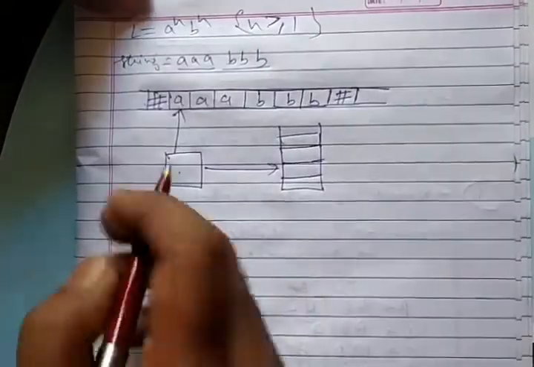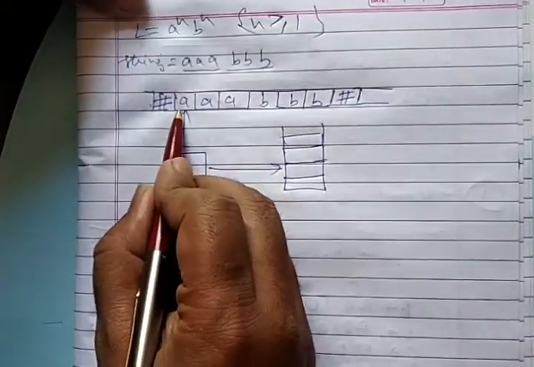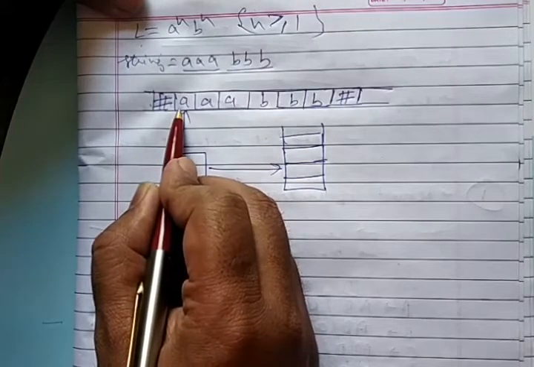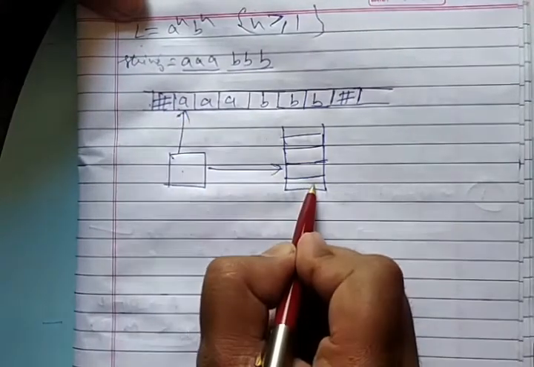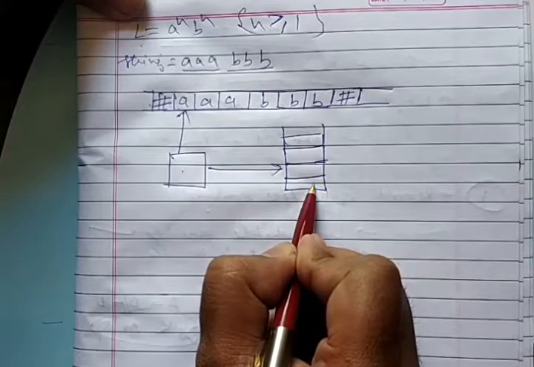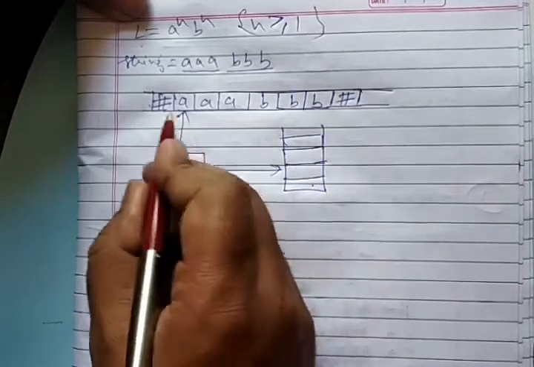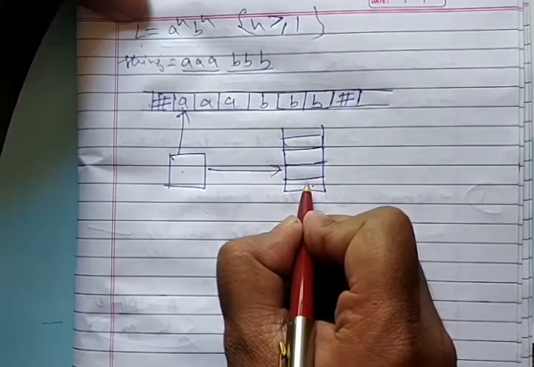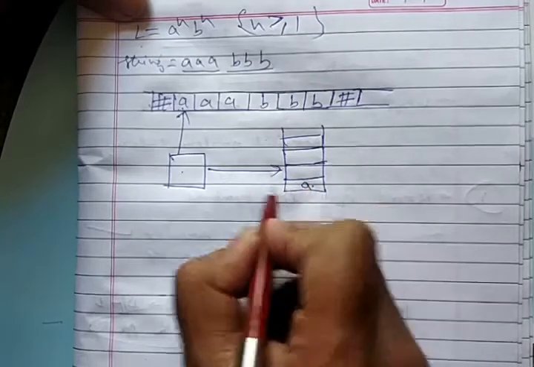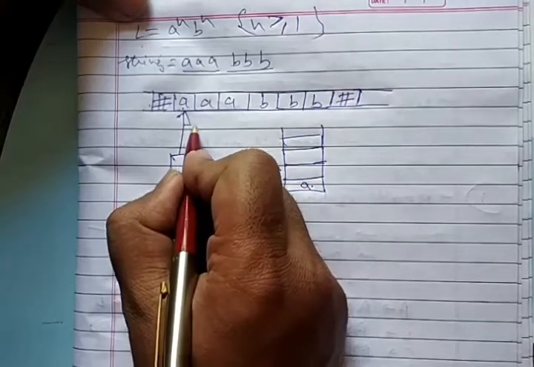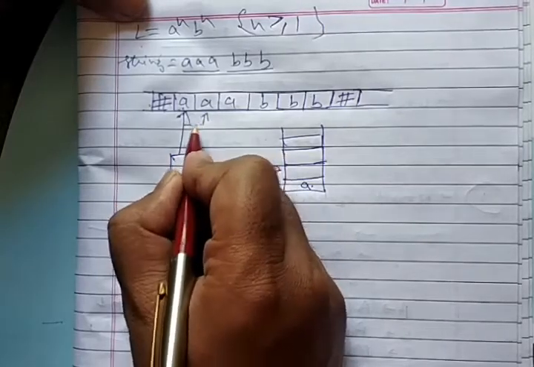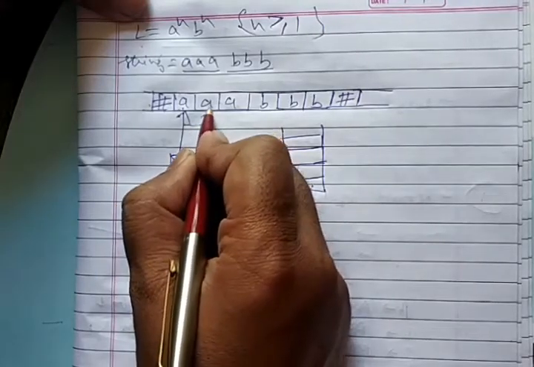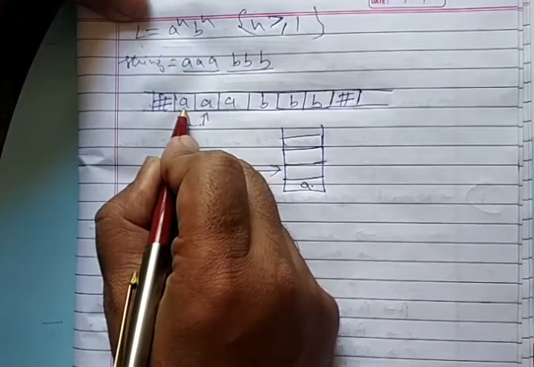So let's pick that once I get A, what I'll do, I'll insert this A into my stack. So once I encounter the first A, I have inserted this into my stack, and then I moved my pointer to the next one because I had processed it.